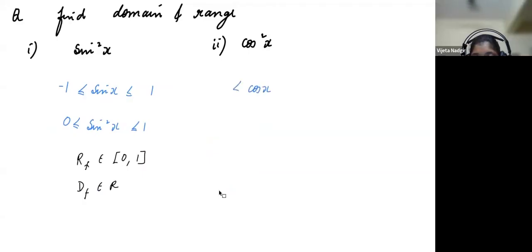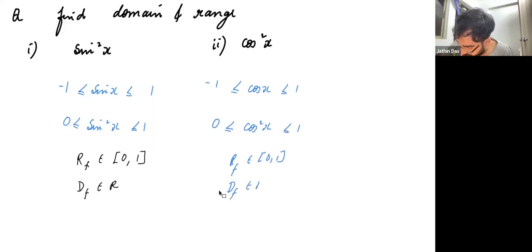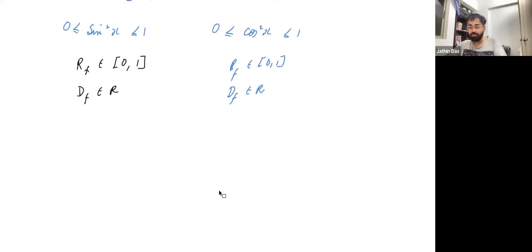The range of cos x is also the same, -1 to 1. So cos square x also will be from 0 to 1. So the range is 0 to 1 and the domain is all reals. Sin square and cos square are the same.